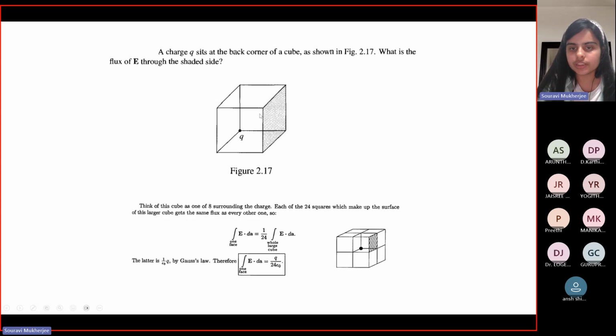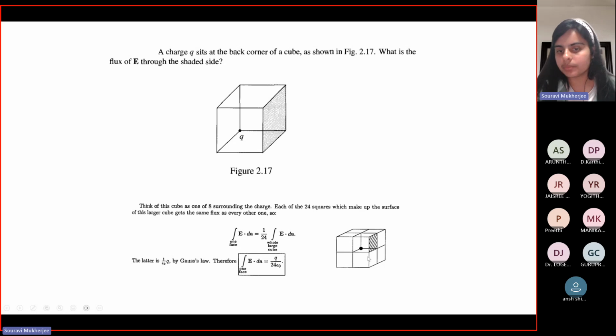How do you enclose it? So you need to have similar such cubes on all sides, right? So that this point charge Q sits at the center of your new big cube.